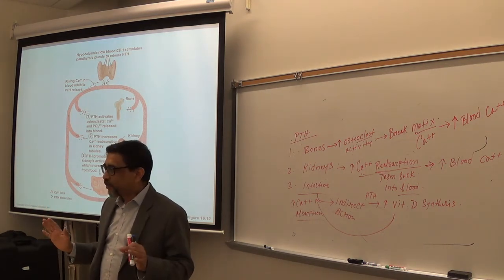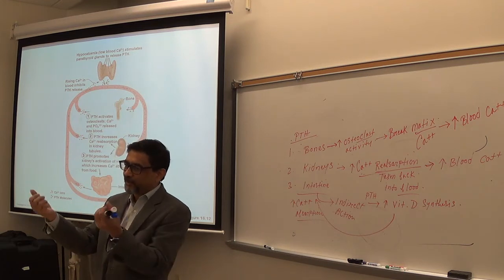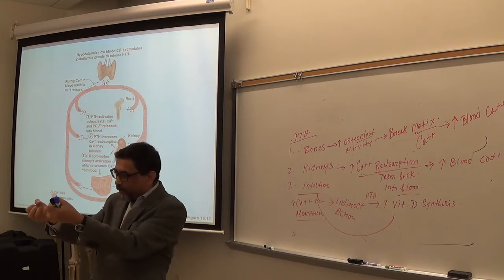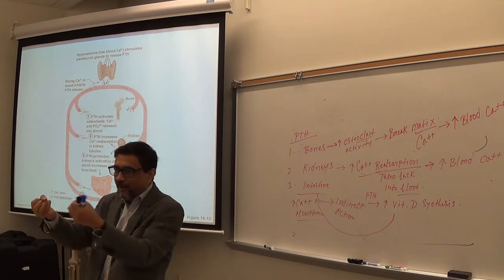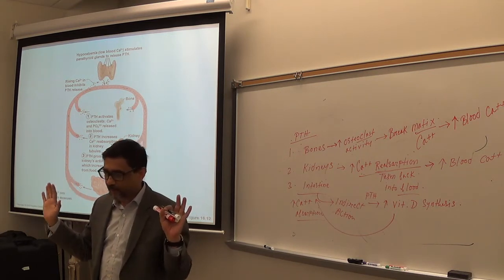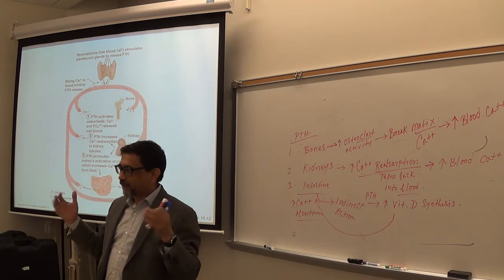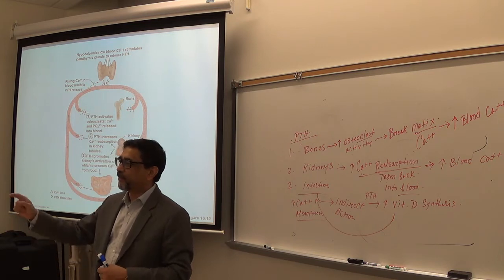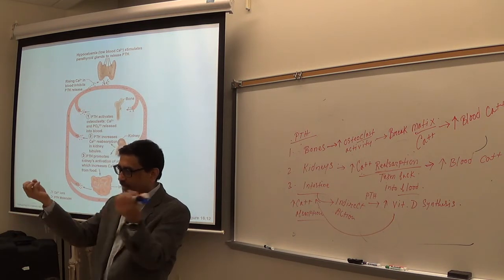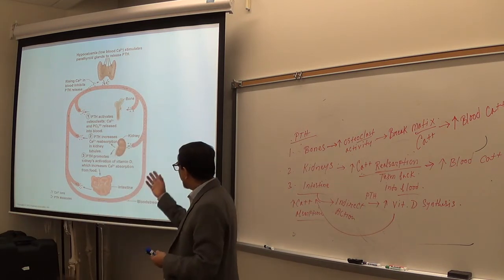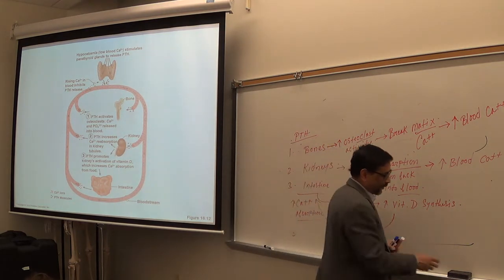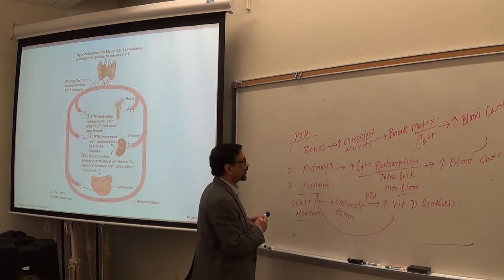On kidneys, very simple, since the action is increasing blood calcium, it should take the calcium back from the urine, reabsorption. Make sense? Not let it get out with the urine. And intestine through vitamin D. Vitamin D absorbs the calcium from the food. So, those are the actions.